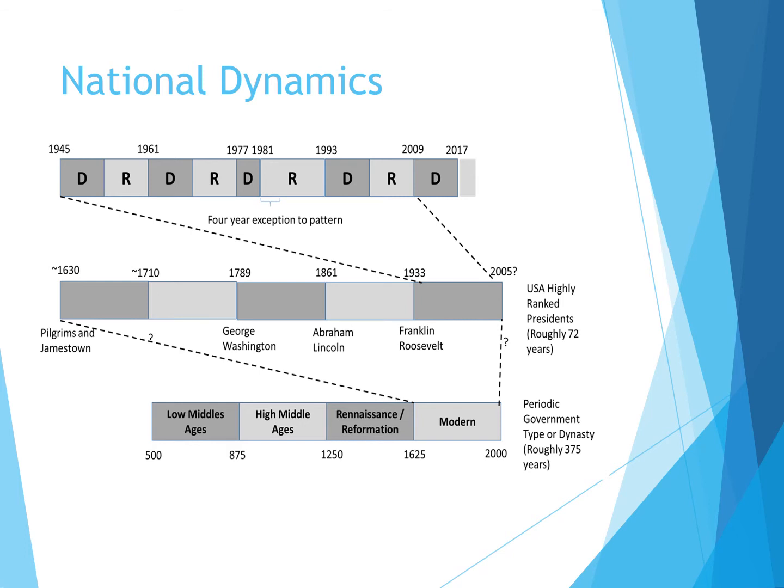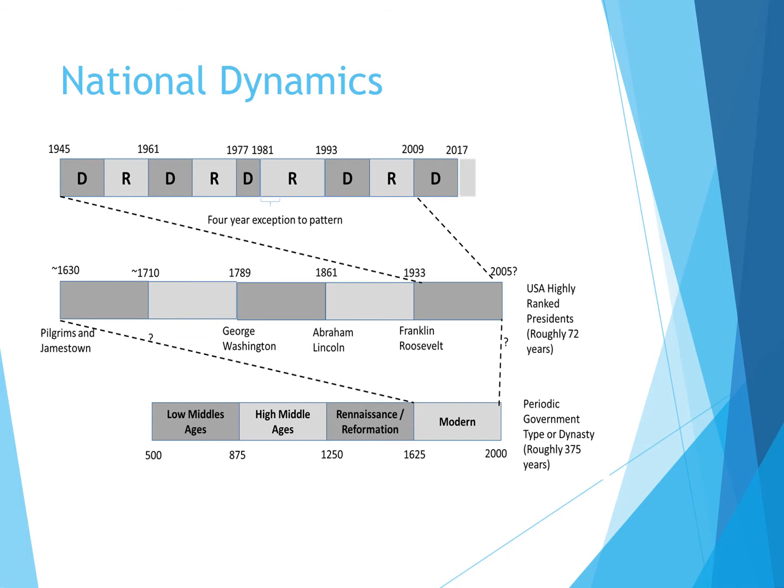Because if we look at the next pattern, we look at the presidents that were ranked, and we can see the highest ranked ones are George Washington, Abraham Lincoln, Franklin Roosevelt: times of war, times of uncertainty, when leadership was necessary. The time between when they were elected is roughly 72 years.